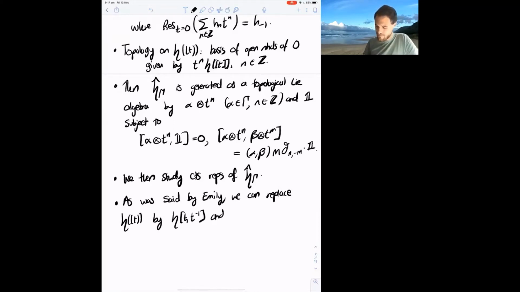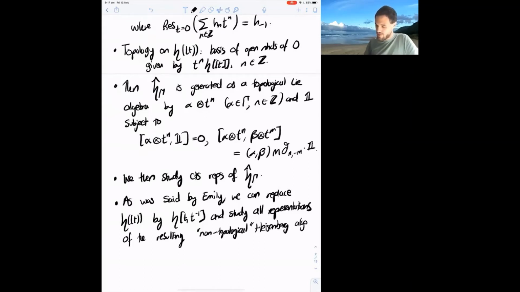And we can study all representations of the resulting non-topological Heisenberg algebra.